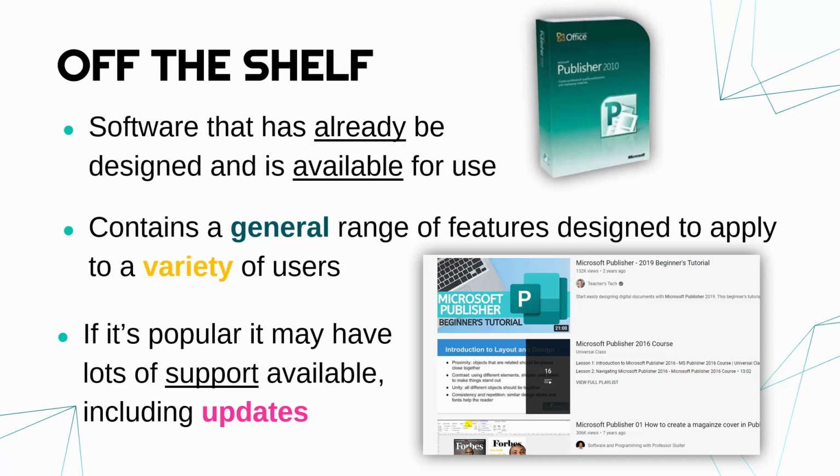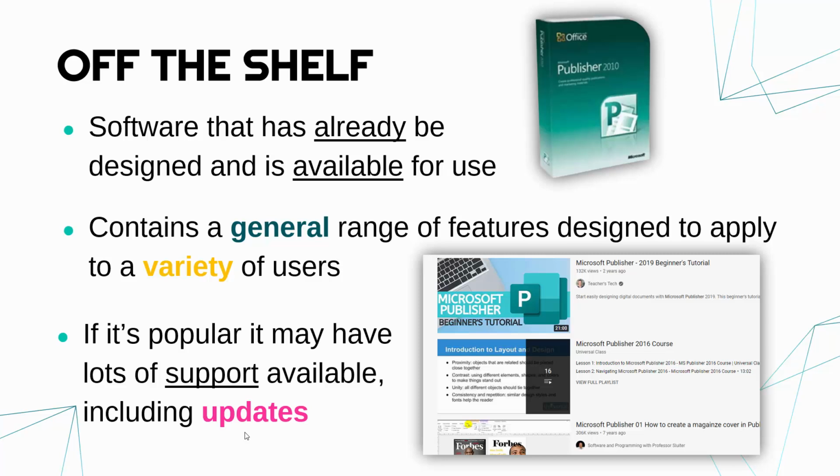If you search for Publisher on YouTube, there are lots of people making tutorials because it's fairly widely used, and therefore people want to be helpful and put videos up, for example. In terms of more formal support, updates may well be available for off-the-shelf software. If it's a fairly big bit of software, the developer might release updates to fix bugs and generally release new features over time.